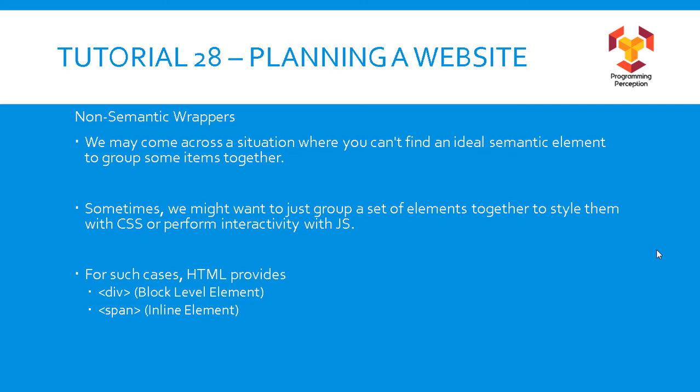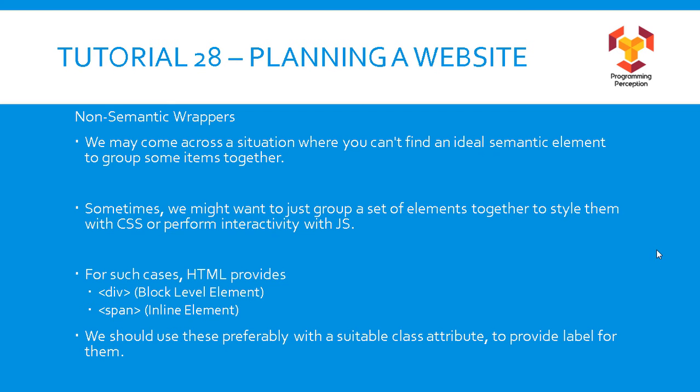But let me warn you, these are non-semantic wrappers. Hence, they don't have any certain semantic meaning with them. So it would be good if we utilize them only in situations where there can't be any ideal semantic element, or where we are just grouping for providing some styling or interactivity.